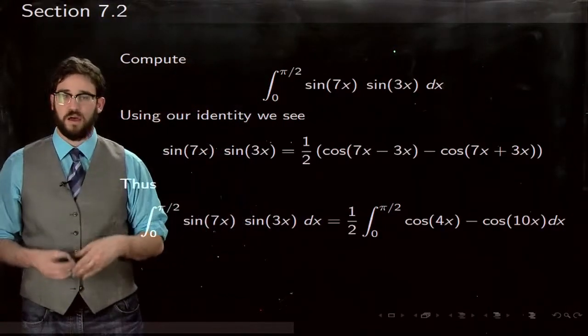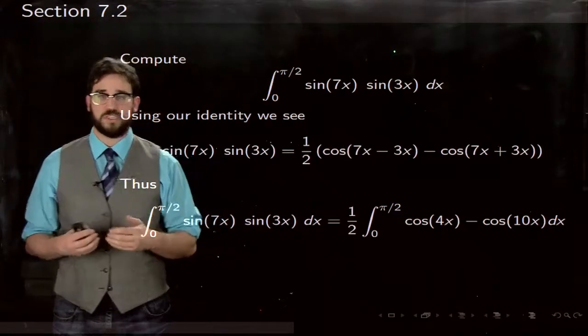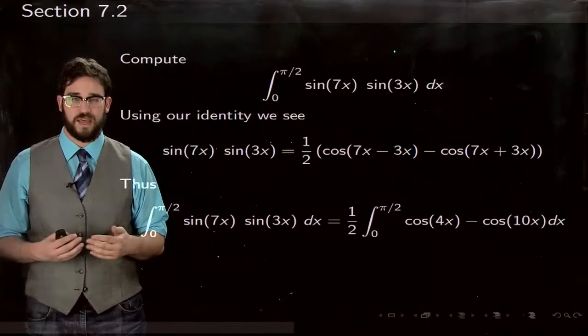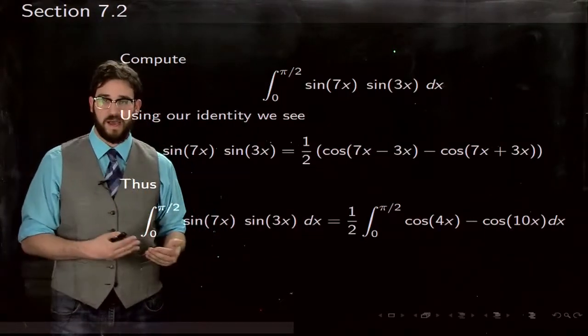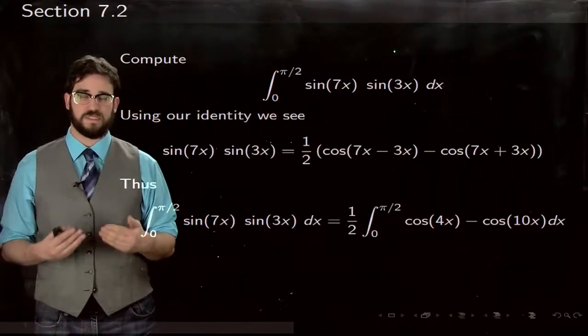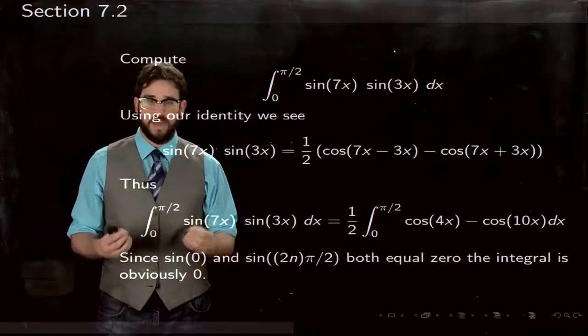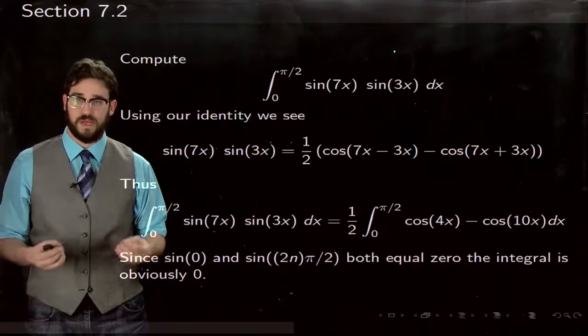Sine of 4x evaluated at pi over 2 is going to be a multiple of pi. Similarly, sine of 10x. And sine of any multiple of pi is also going to be 0. So both of those values are 0, so the whole integral is equal to 0 as well.